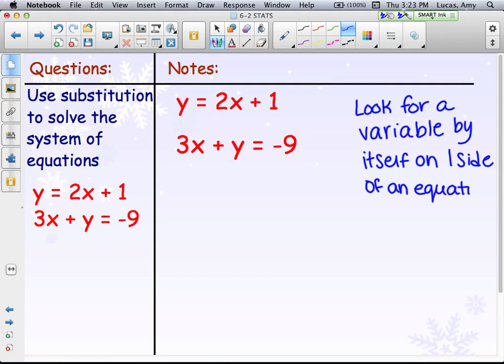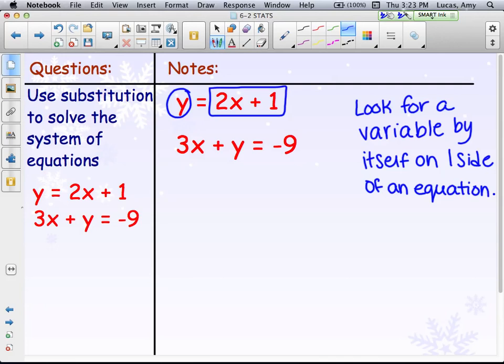Now, once you find a variable by itself, that's going to be the variable that we replace. So in my first equation, I see that the y is all by itself, and I see that what it's equal to is 2x plus 1.